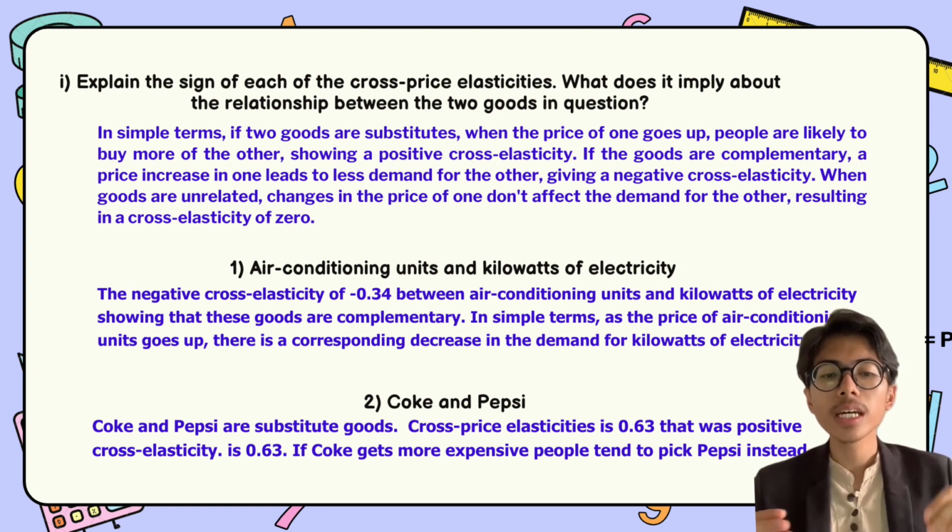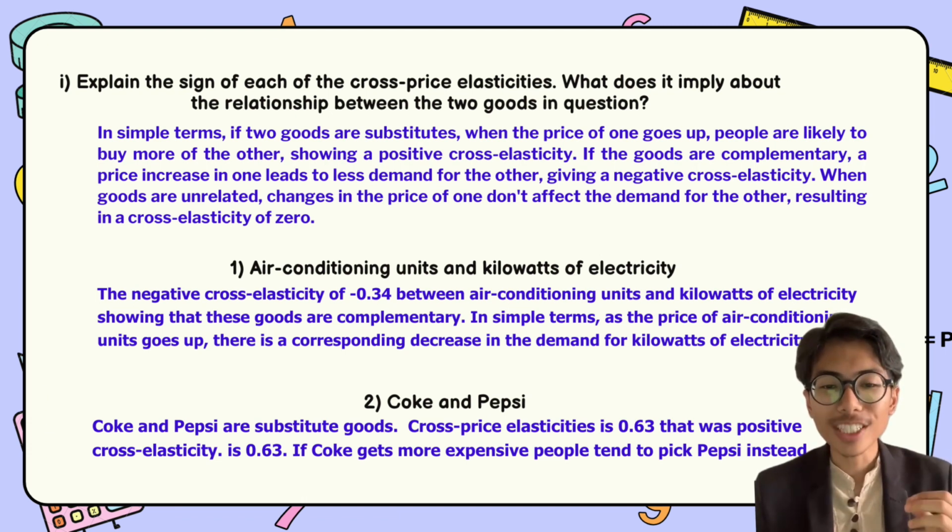In simple terms, if two goods are substitutes, when the price of one goes up, people are likely to buy more of the other, showing a positive cross elasticity. If goods are complementary, a price increase in one leads to a decrease in demand for the other, giving a negative cross elasticity. When the goods are unrelated, a change in the price of one doesn't affect the demand of the other, resulting in a cross elasticity of 0.